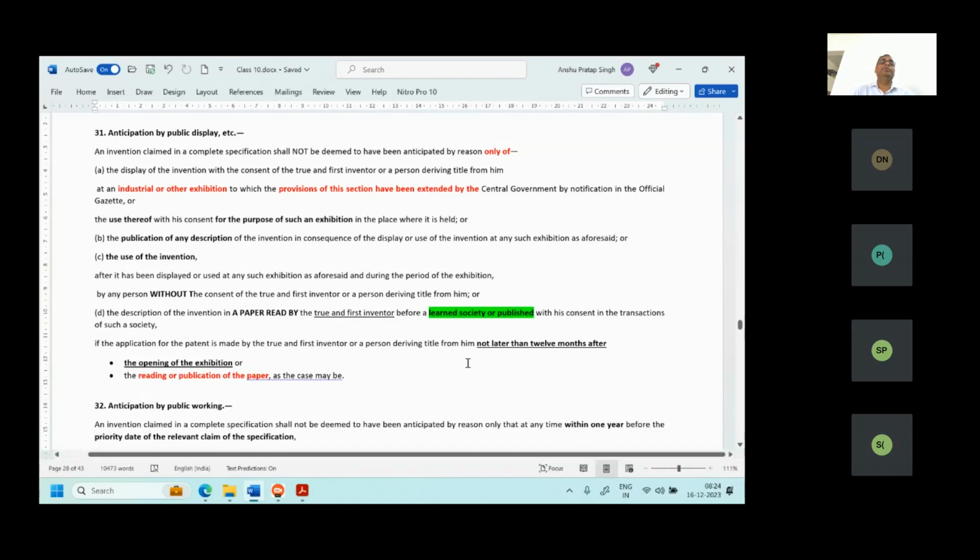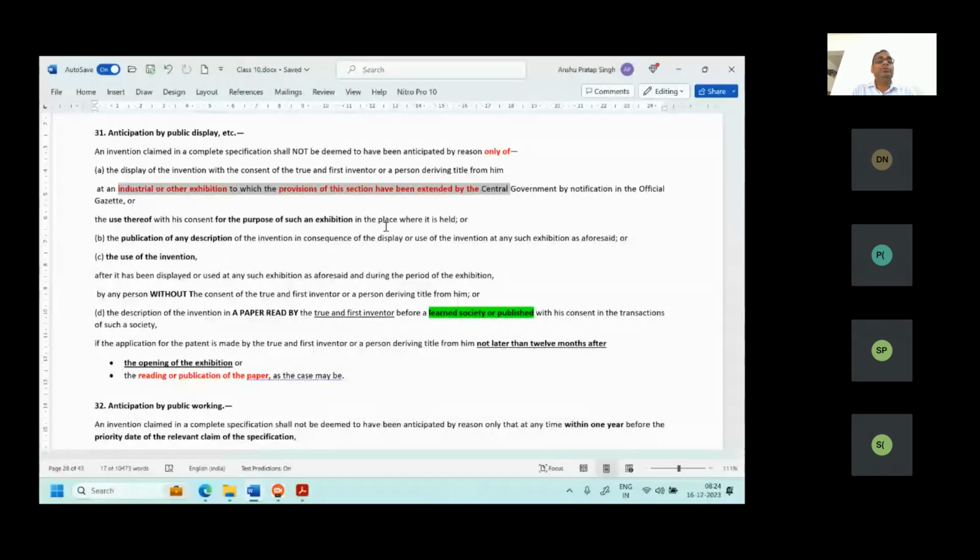If this section's protection has been extended to that particular exhibition, then because of this exhibition, there can be 3 things: any use, your demonstration, your display, or whatever is happening there, or any publication after that because of the consequence of that, or any use because of that, which you have not consented to, all those things cannot be cited against your invention. It will not be considered anticipating you.